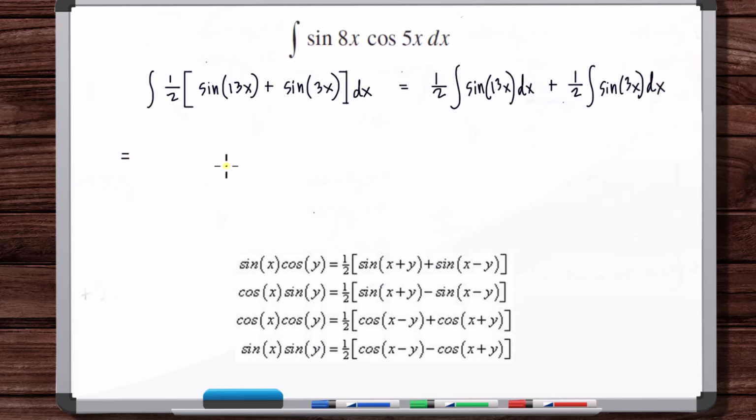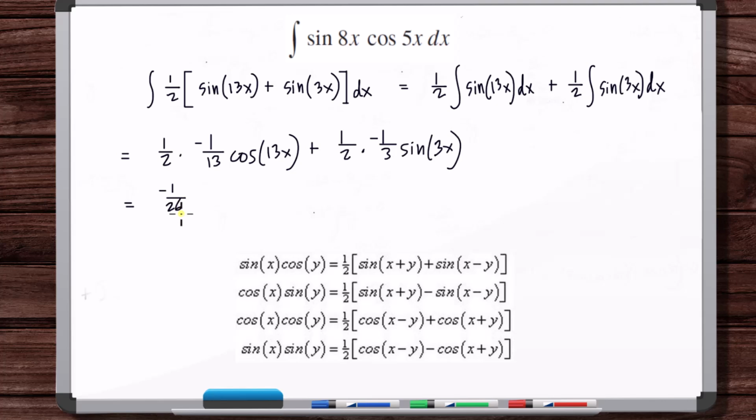The integral of sine of 13x is minus 1 over 13 cosine of 13x, and the integral of sine of 3x is minus 1 over 3 cosine 3x, plus c.